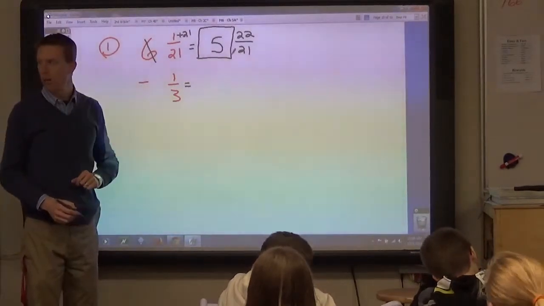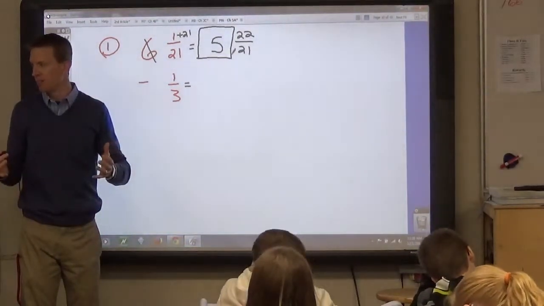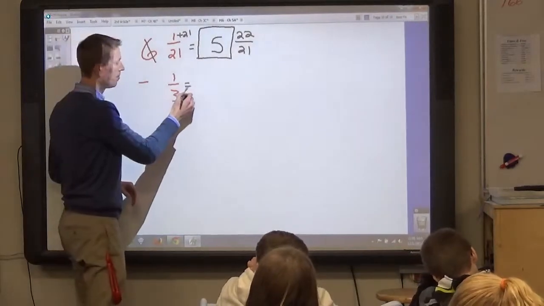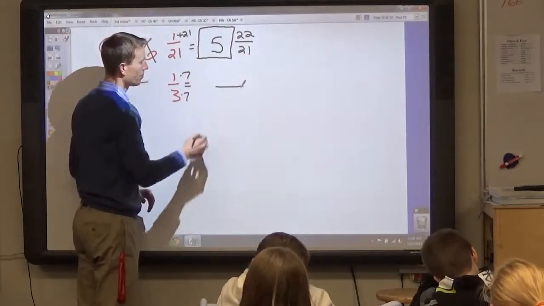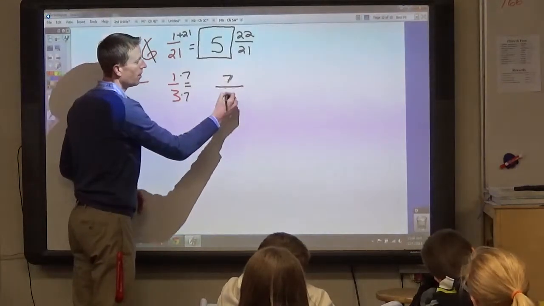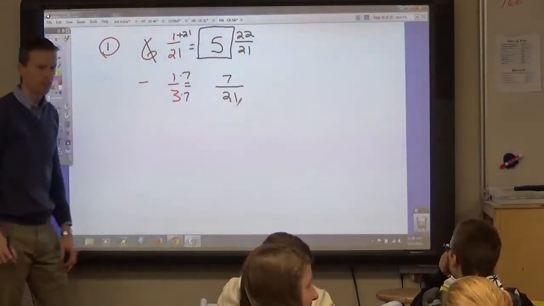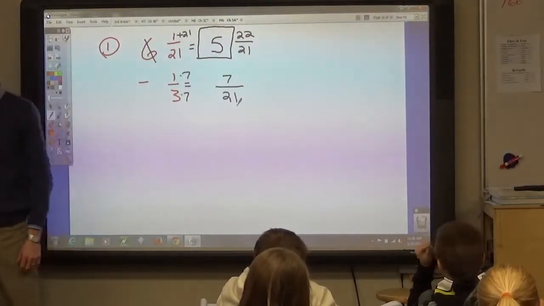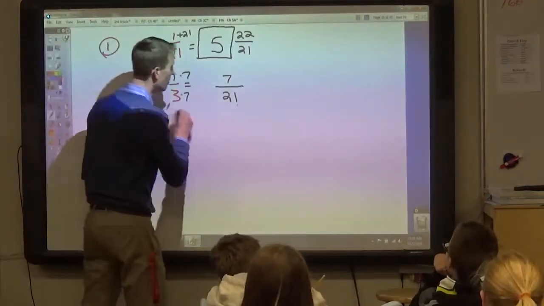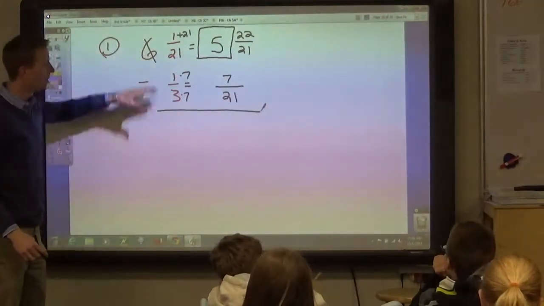We'd have to multiply it by what, class? 7. To make it 7/21. Right? Then it says to solve it, so there's our equal sign.